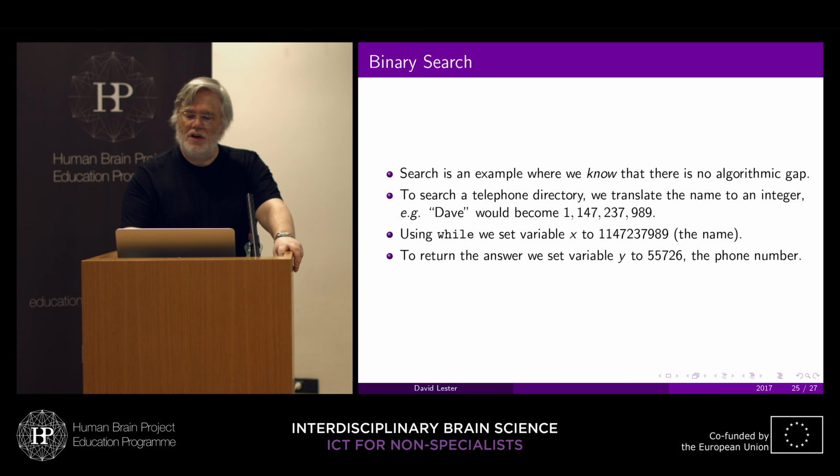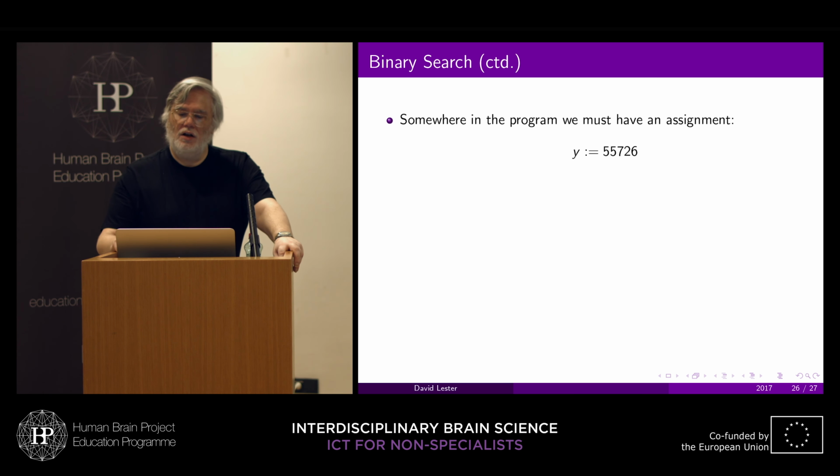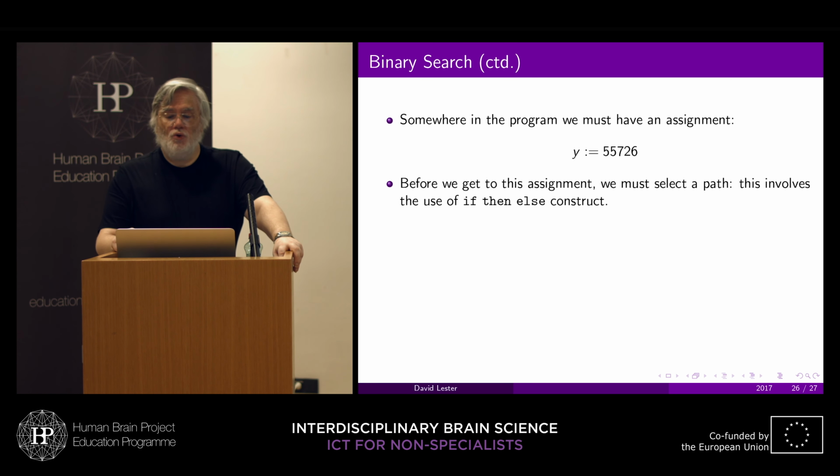What's the best we can do here? Well, somewhere there has to be something in the program which is going to make an assignment that the value that we're looking for is 55726. But before we get to this, we've got to select a path through a tree, which in the case of the algorithm that we've been looking at has an if-then-else construct, and so we're splitting.